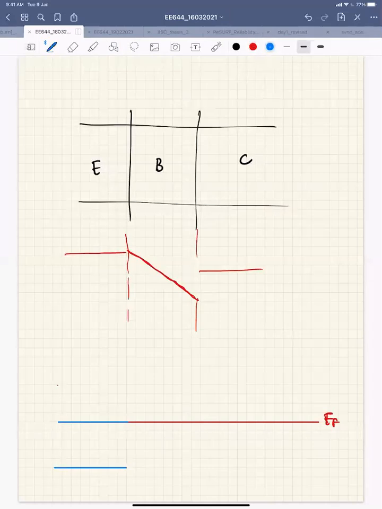So if you look at the base, you could have something like this. Your emitter base junction has higher doping, so the conduction band and valence band will be close to EF, but farther away your valence band will not be close to EF.